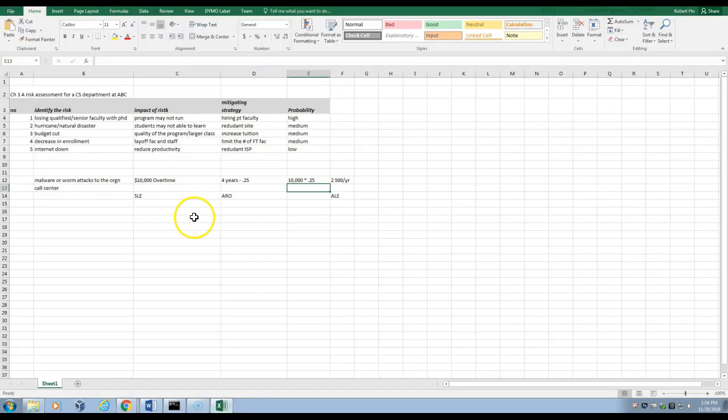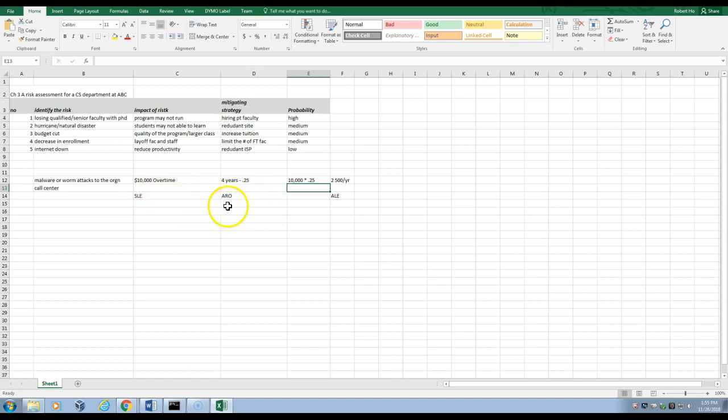Here on the spreadsheet, the annualized loss expectancy is 2,500. How do you get this? It's because of the overtime caused by the attack. When the attack occurs, the organization needs to spend $10,000 for overtime of the staff and faculty, and for the call operators that need to wait in the call center while the system is down.